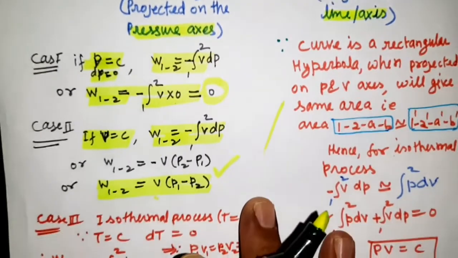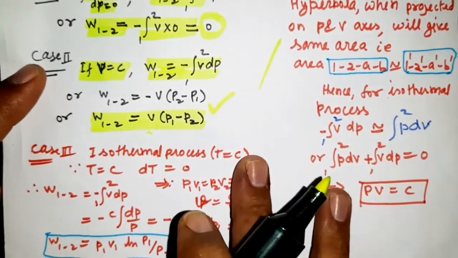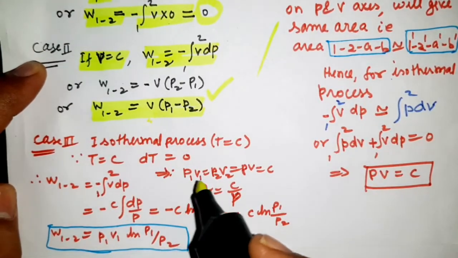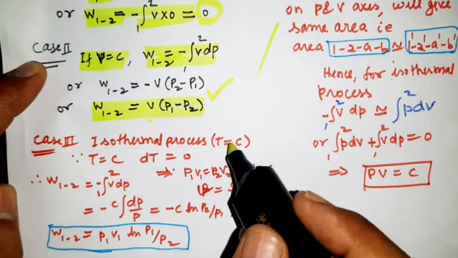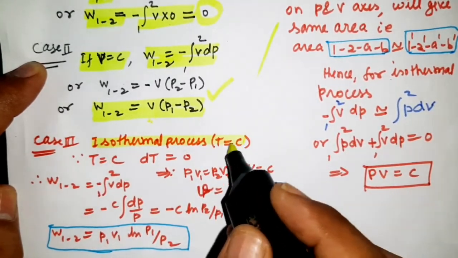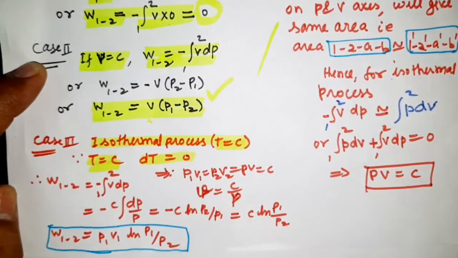Now we will discuss the third condition. This is the work done in an open system for an isothermal process. Isothermal process means temperature is constant throughout the process. Here T is equal to constant, meaning delta T is equal to 0.